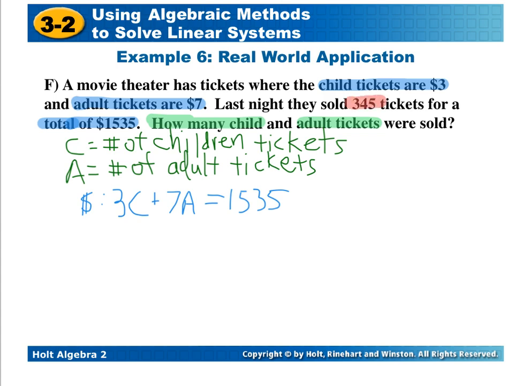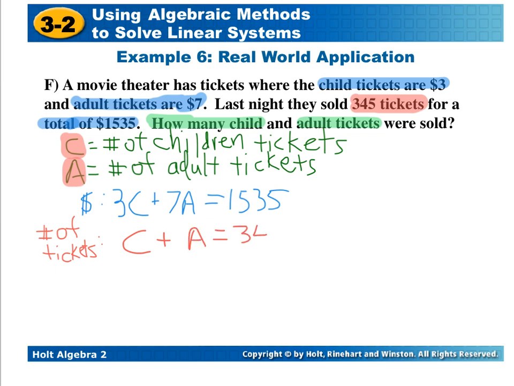Next, we look at the number of tickets sold. We see here that there are 345 tickets sold. The number of tickets for the children is represented with C. The number of adult tickets is represented with A. Therefore, we can look at the number of tickets as C plus A is equal to the total of 345 tickets.